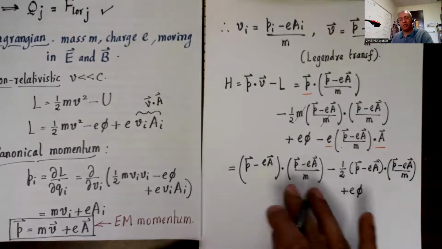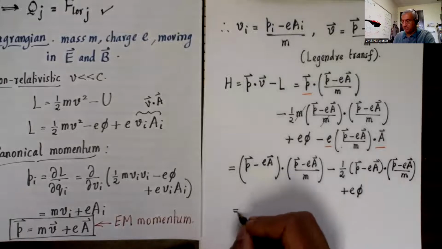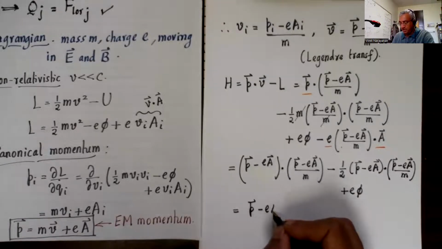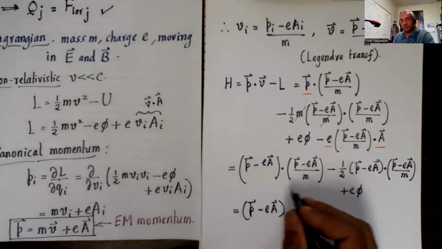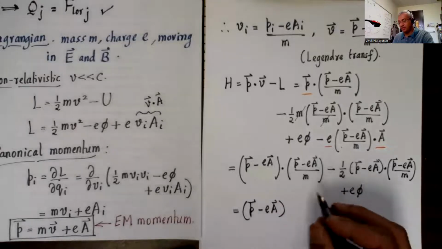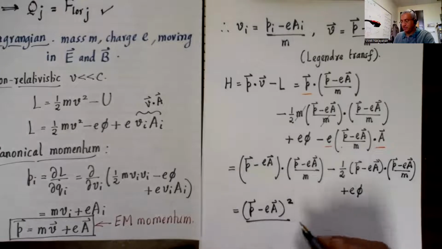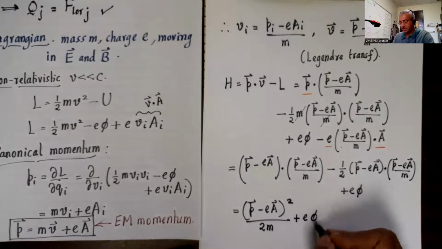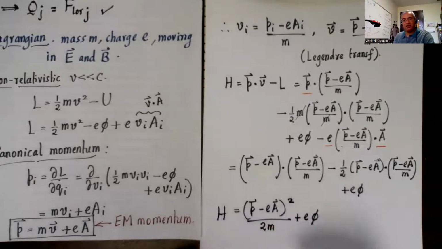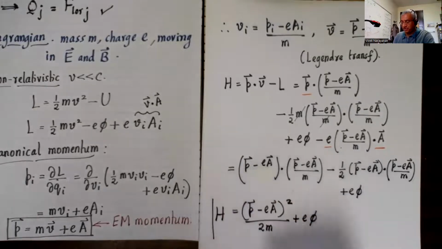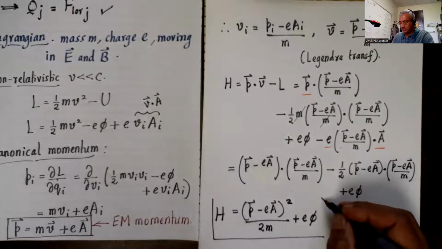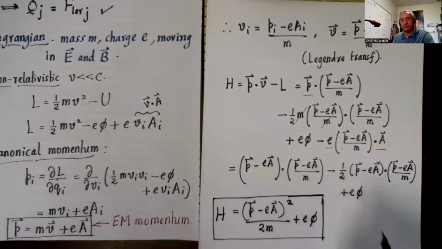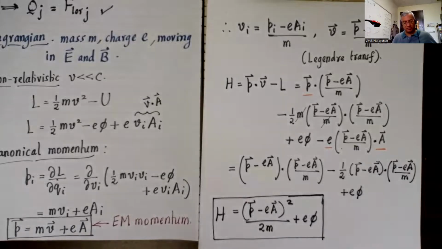So I have a whole quantity minus half of that quantity, so I end up getting half of it. So (p minus eA), when you dot something with itself, it's the same thing squared, divided by 2m, plus e phi. So that's our Hamiltonian. We'll save this for now because this Hamiltonian will be compared against what we will call the Jacobi integral very soon.